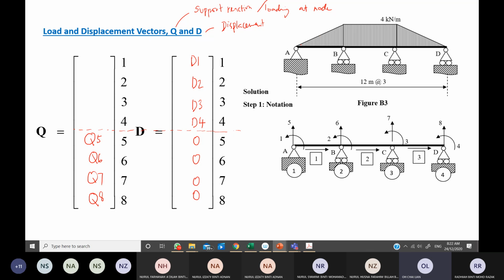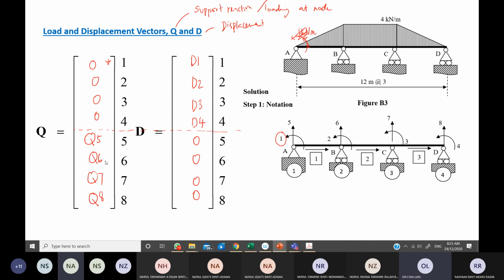Unless, for example, I'm just giving an example, I have this 1 kilonewton meter, then this one will have a value of 1 at this Q1. But now we don't have any loading at the nodes, and no support reactions at this Q1 to 4, so they will be 0. Have you written your answer in your exercise book?